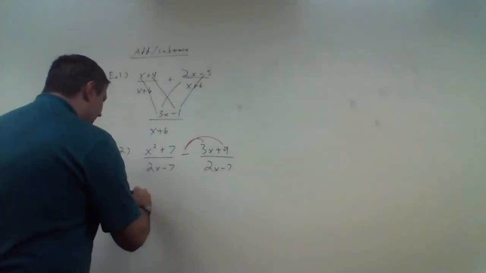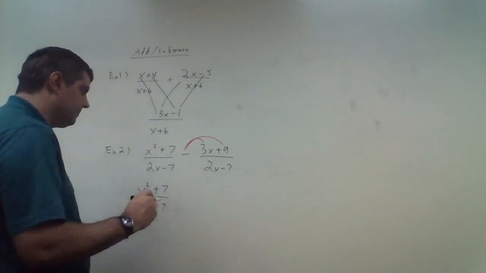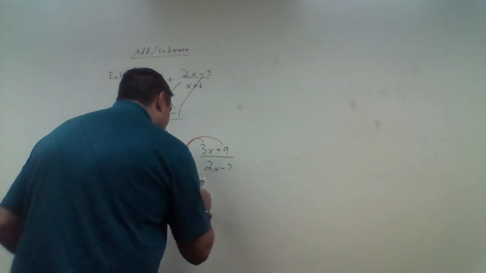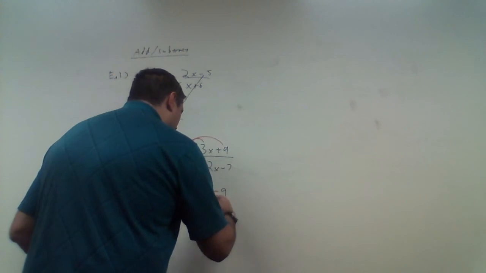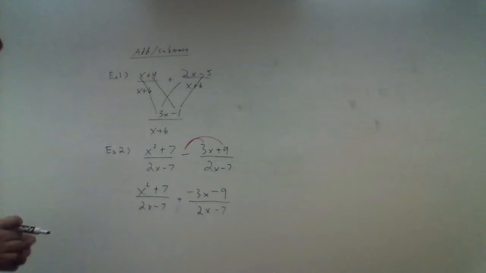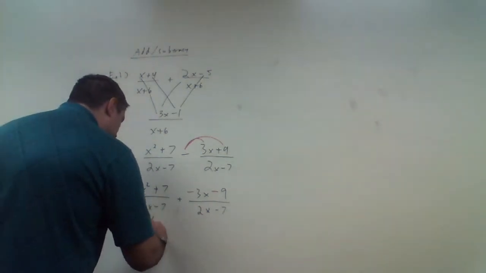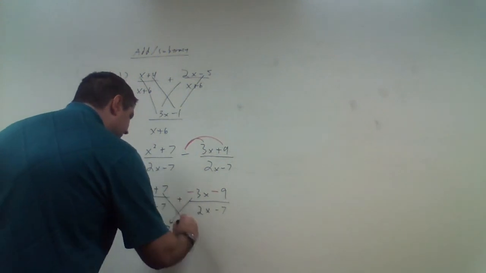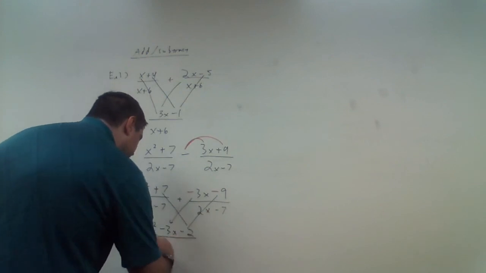So you should have x squared plus 7 over 2x minus 7, and then plus negative 3x minus 9 over 2x minus 7. What you're going to have here now is x squared minus 3x if you put them in descending order, and 7 take away 9 is minus 2. And then you're going to keep the 2x minus 7.